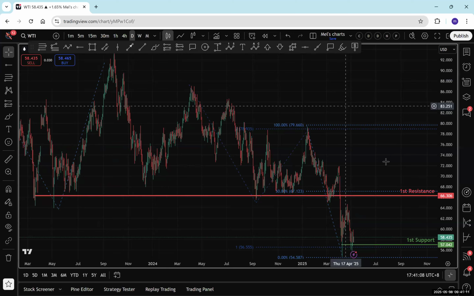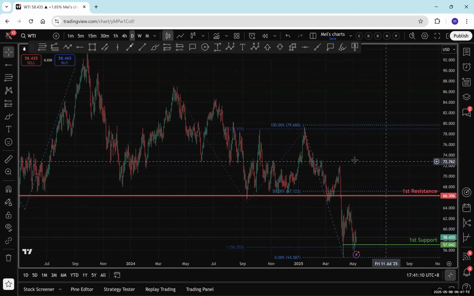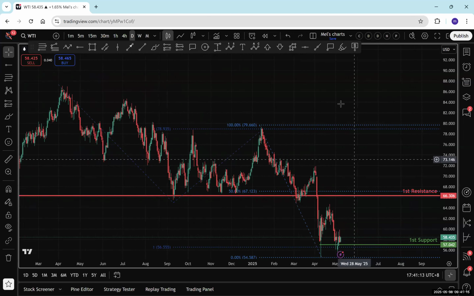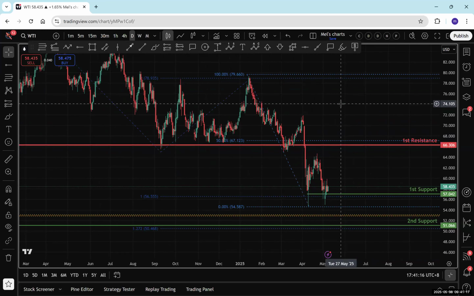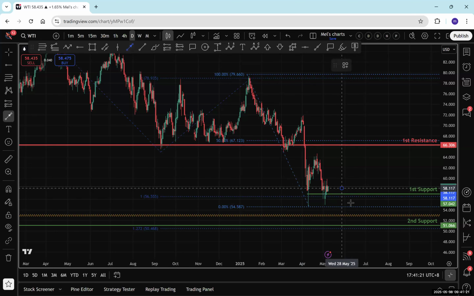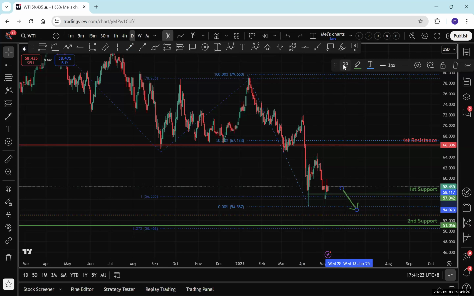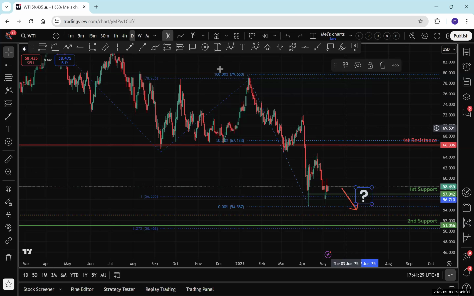Let me just zoom in really quickly. I'm expecting prices to push below that first support, to continue in this downtrend.